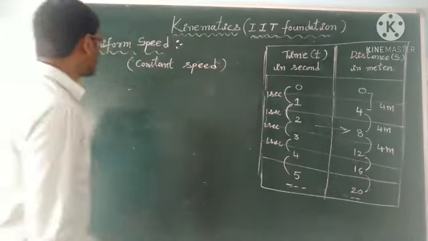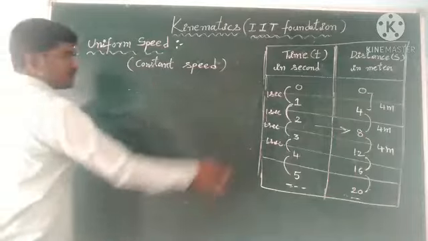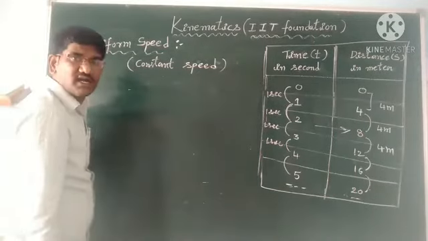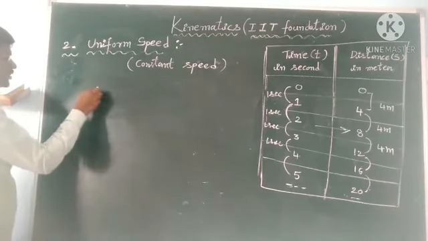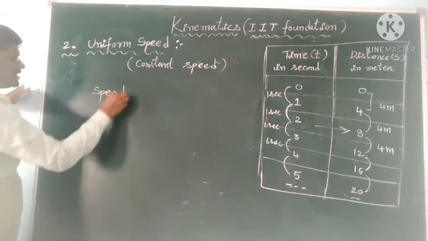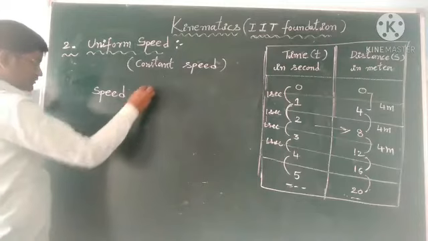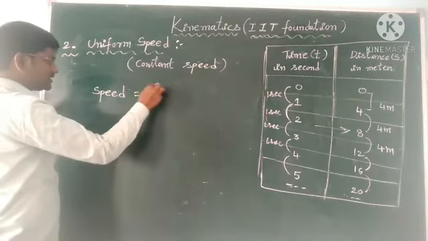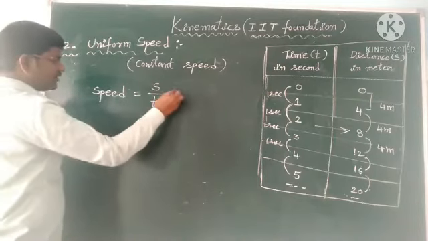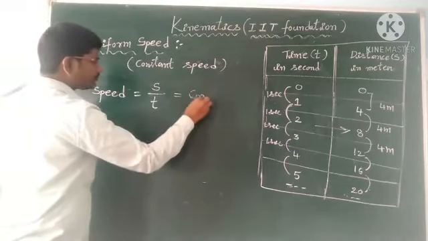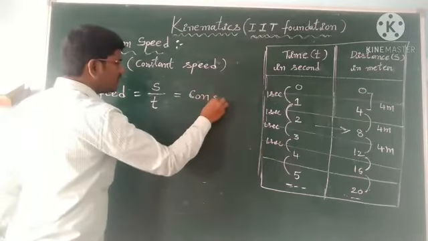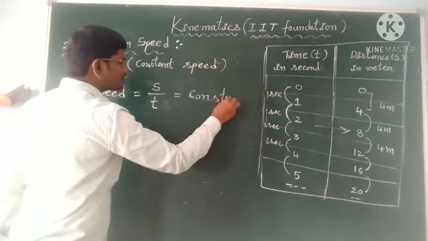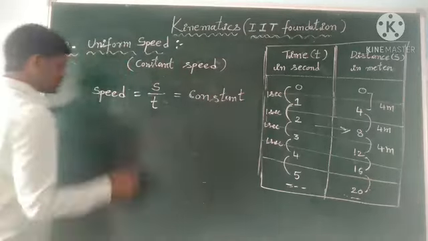So speed is constant, we are writing. From the table also we have seen that speed is constant. So speed is constant means we are writing speed is equal to, so what do we write, students? Distance by time, that is equal to a constant.